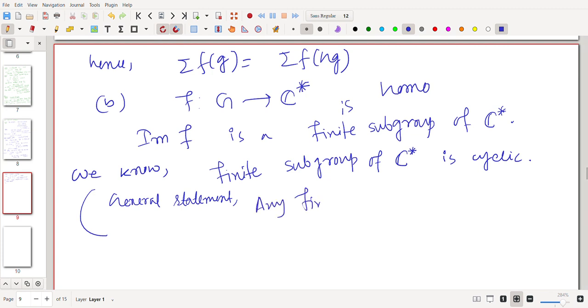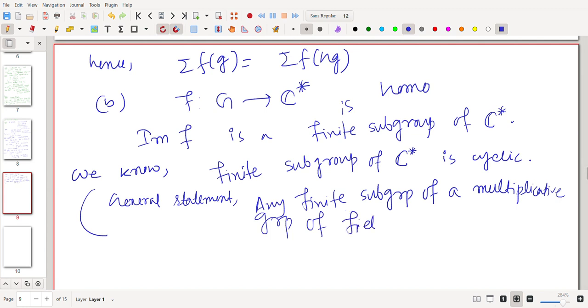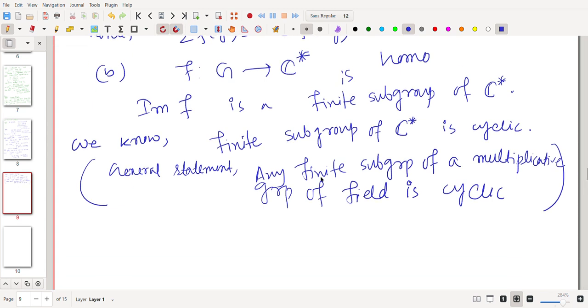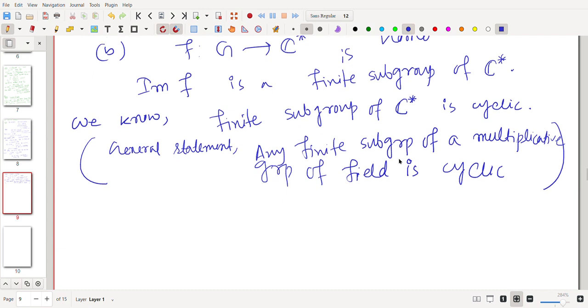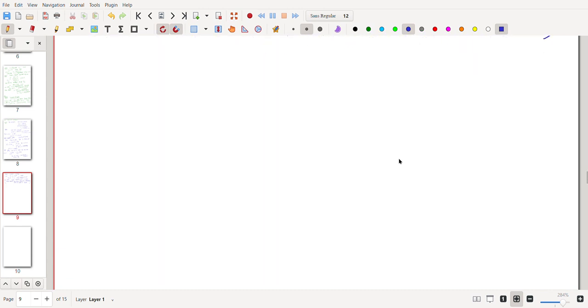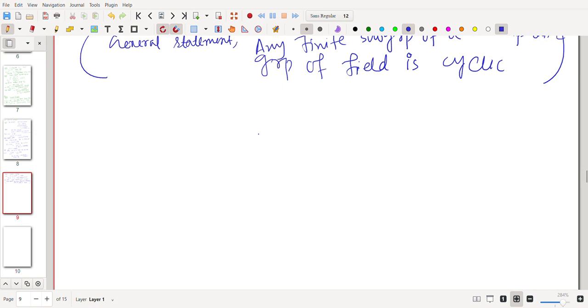This is a very nice property that any finite subgroup of the multiplicative group of a field is cyclic. Okay, so C is a field, so any finite subgroup of C* is cyclic, right?